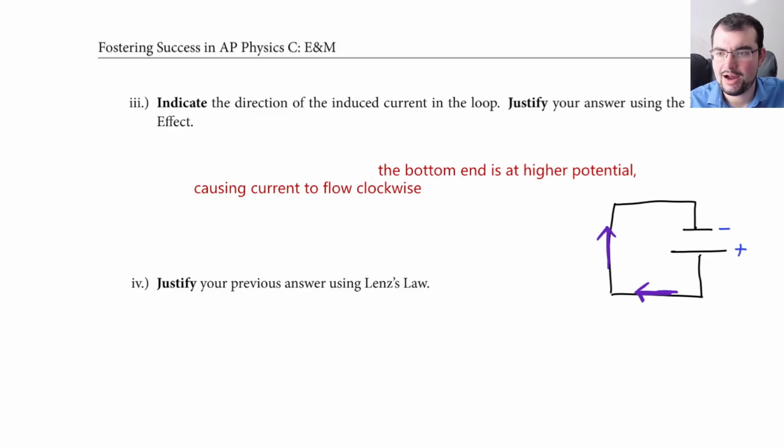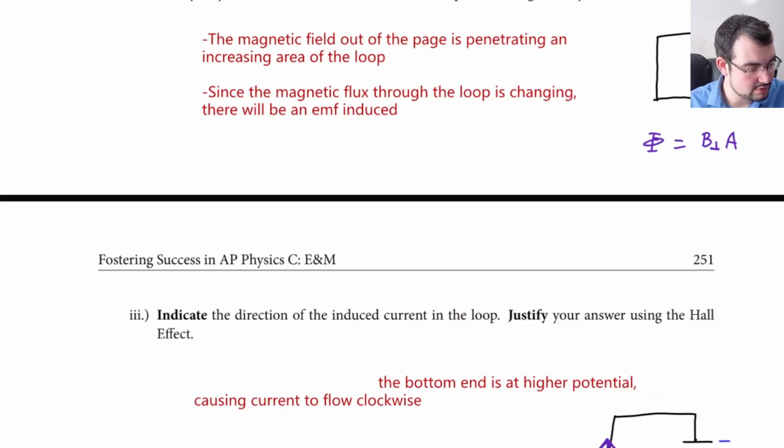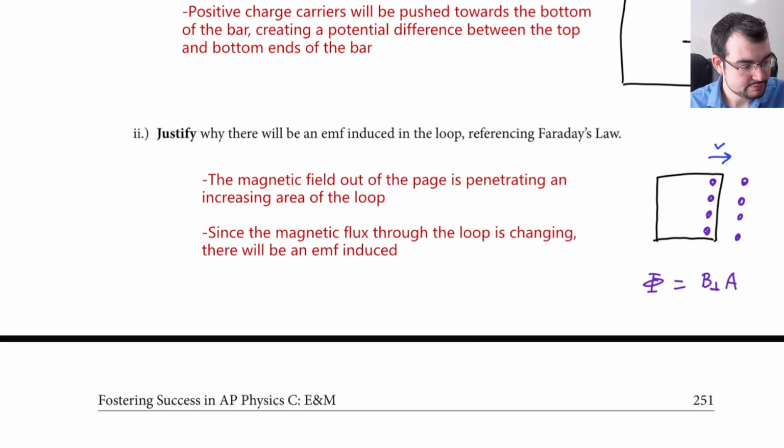All right, now we have to justify it using Lenz's law. This is the more subtle one. This is how I always like to think about Lenz's law. Remember, Lenz's law says if there's a flux change, the induced current must generate a B field to fight the change.